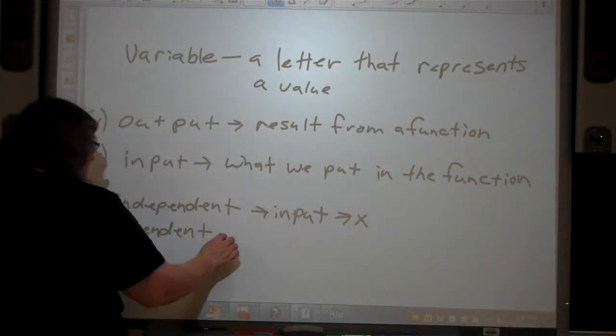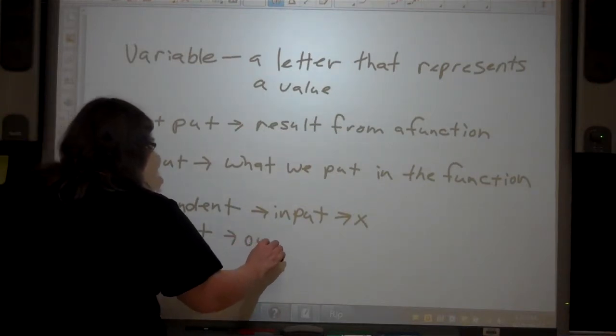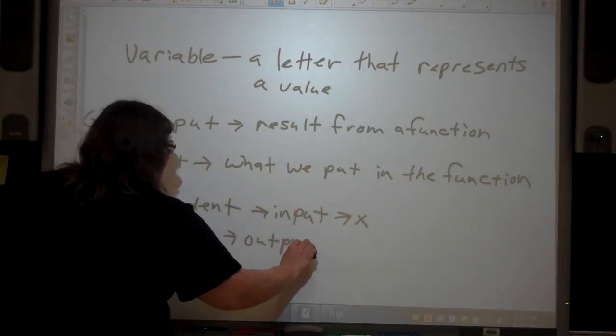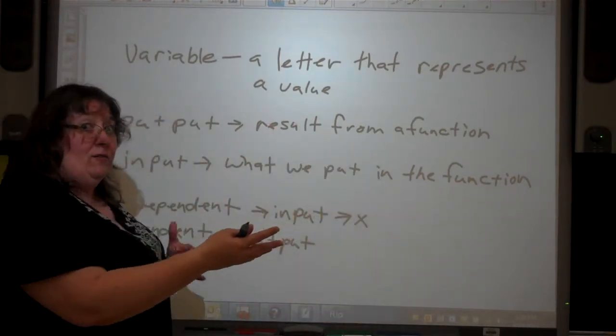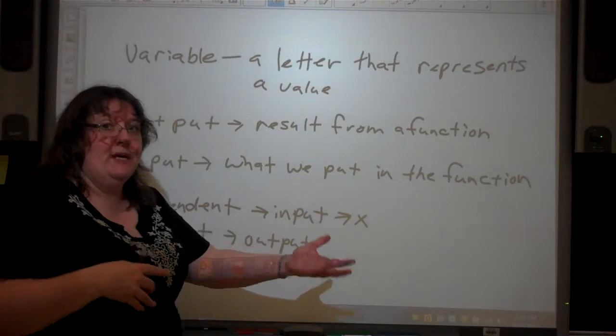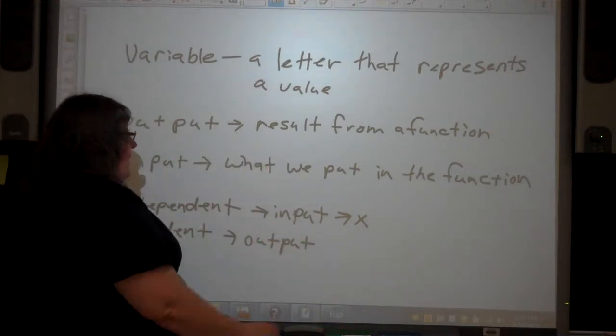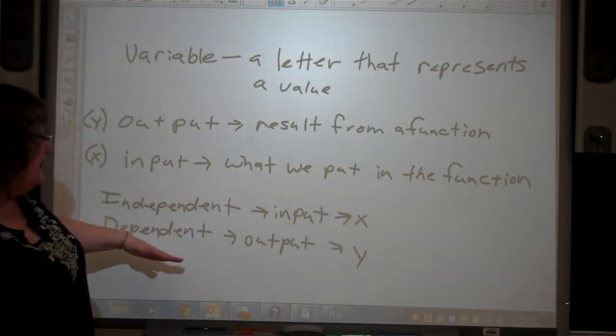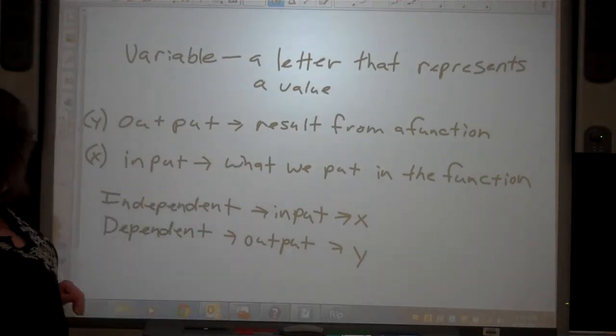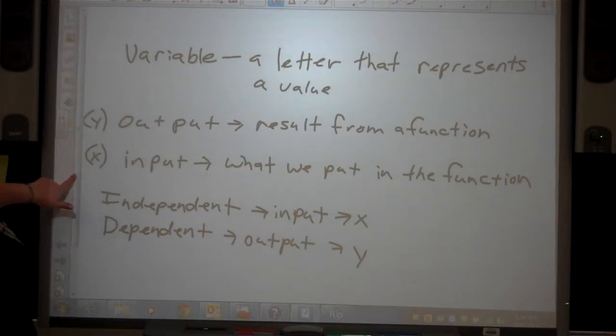Okay? Dependent is our output, because whatever we put in to it will depend on what we get out. Okay? Or what we get out depends on what we put in. There we go. Okay? And that will be our y. Okay? So dependent depends on what we put into it.